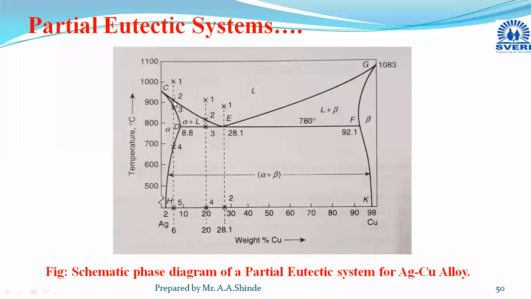Directly you can mention this: when temperature falls below 2, alpha separates out, and in this region 2 to 3, alpha plus liquid phase will be there, which means solid and liquid.